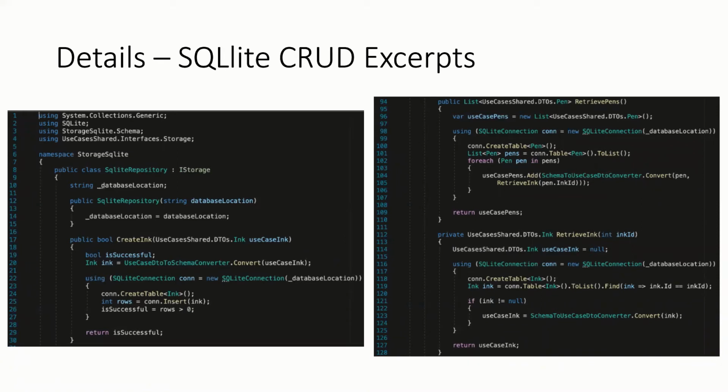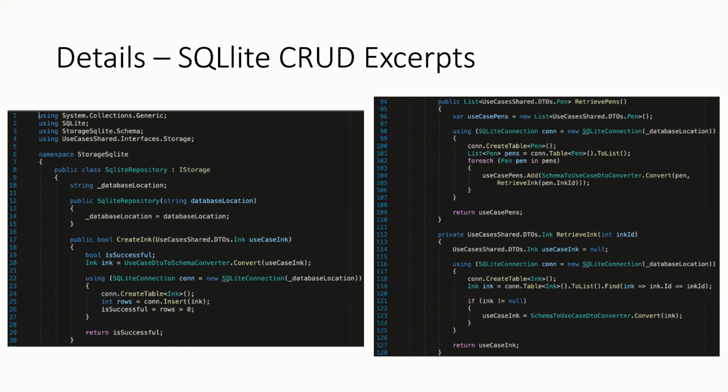All we do is inject in a string, which is the SQLite database location, and then we get the pens in from the use case DTOs. Well, line 94 on the right-hand side, this is retrieve pens. So that's going to pull the pens out of the data rather than give out those schema files.